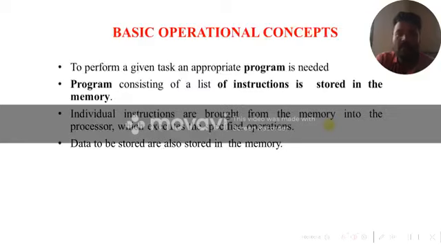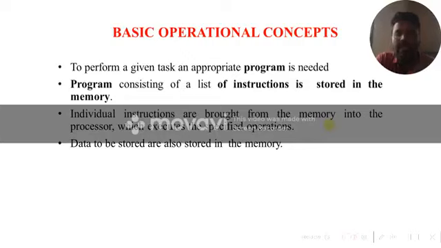To perform any given task in an appropriate time or duration, a program is needed. So what is a program? A program is a group or collection of codings, which makes way for the computer to work in a proper way. The program consists of a list of instructions. These instructions are given to the computer to store in the memory to perform a particular task.